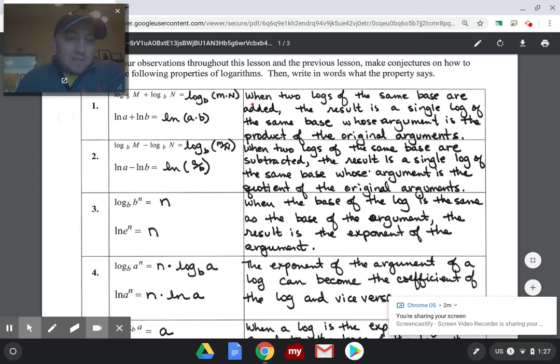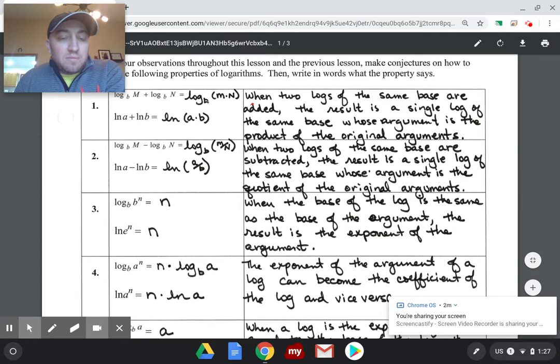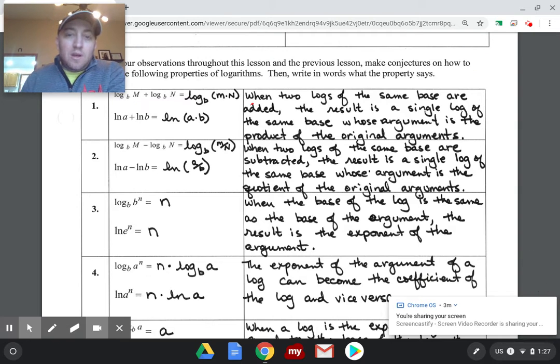So log base b of m plus log base b of n is the same thing as log base b of m times n. So if you have two logarithms with the same base and you are adding them, you are able to simplify them by rewriting it as a single logarithm with the same base, but we are going to take the two arguments and multiply them.